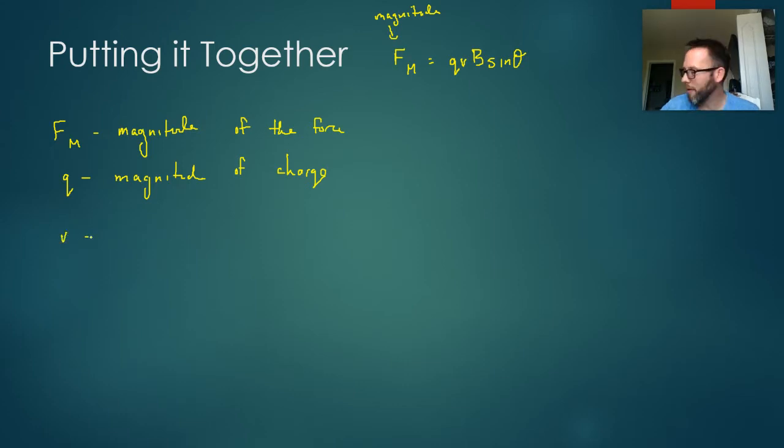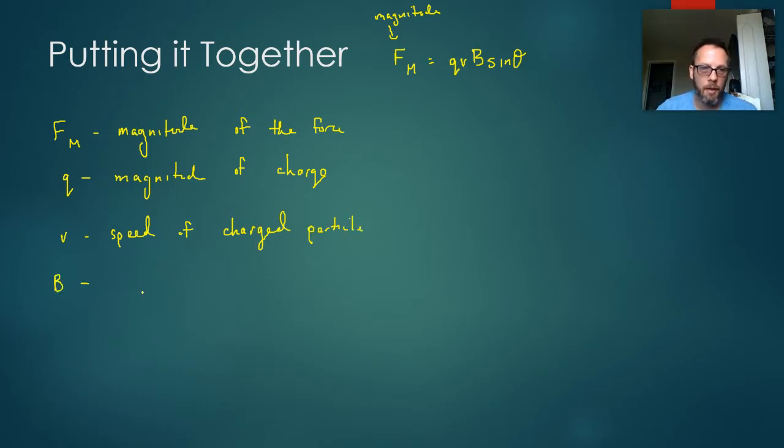V is the speed of the charged particle. B is the magnitude of the magnetic field strength.